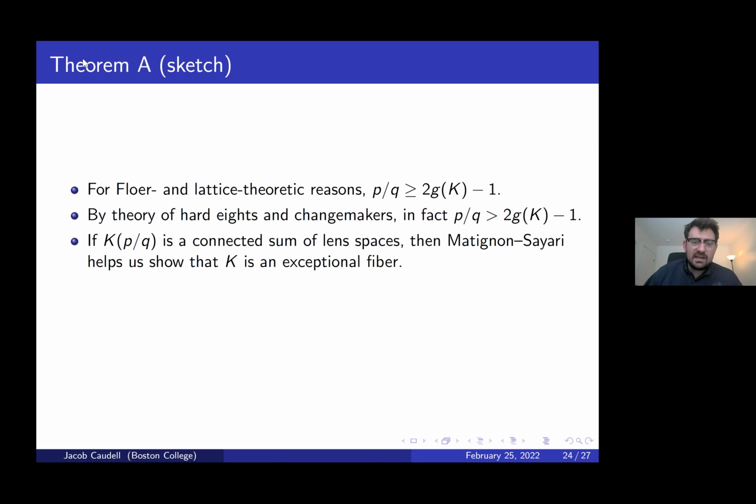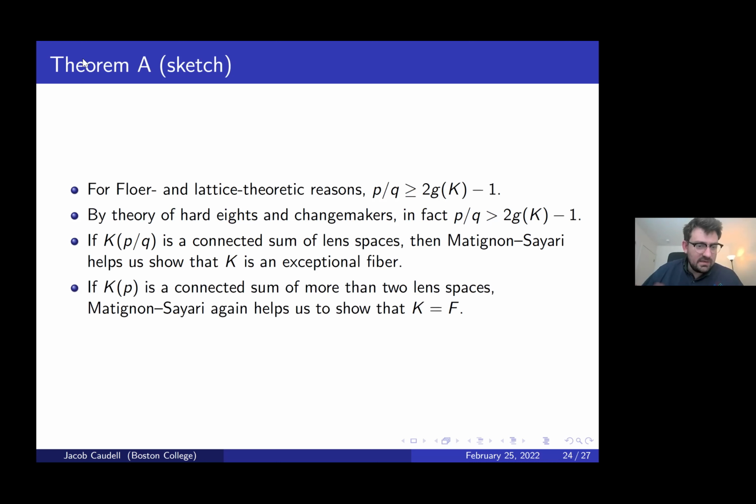If we have a non-integer surgery, which is a connected sum of lens spaces, then we can use this really nice result of Matignon and Sayari that's sort of angling towards progress on the cabling conjecture. We can use this to show that K is in fact an exceptional fiber of the Poincaré homology sphere.